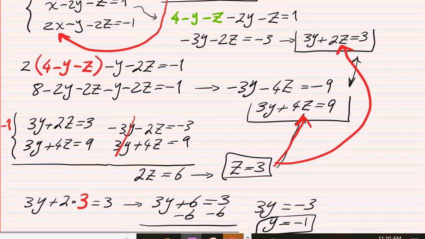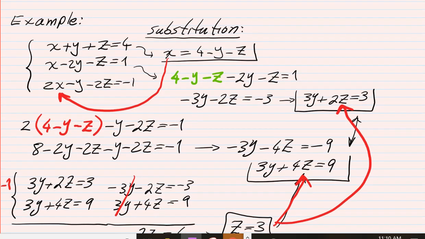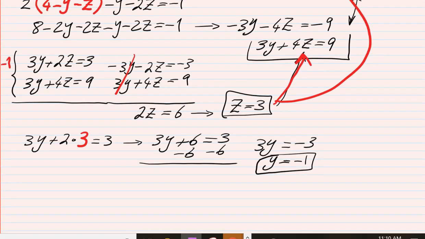Now, once we have solved for y and z, if you look at the first equation that we had, that one will solve for x. So I'm going in that one to solve for x. x is 4 minus y minus z. True, x is 4 minus y minus z.